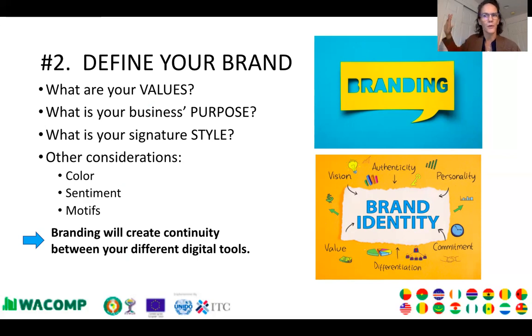I sometimes like to put them right on the wall, so you're looking at them all the time. And then use these elements, the design elements and the vocabulary, consistently across all of your channels. That will create some continuity between the different digital tools and consistent messaging. Right? Consistent messaging elevates your brand and makes your brand easier to discover and understand.